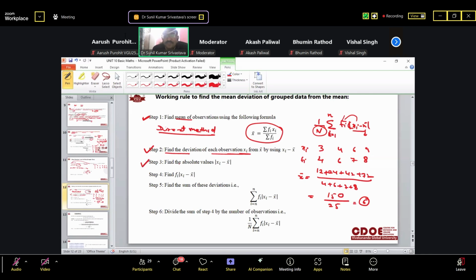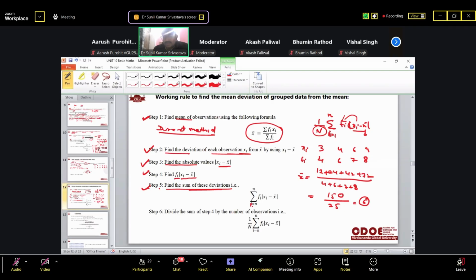In the third step, we find the absolute value of these observations, the absolute value of xi minus x bar. In the fourth step, we multiply by fi, that is fi times the absolute value of xi minus x bar. And in the fifth step, we find the sum of these observations, the sum of fi times the absolute value of xi minus x bar from i equal to 1 to n.